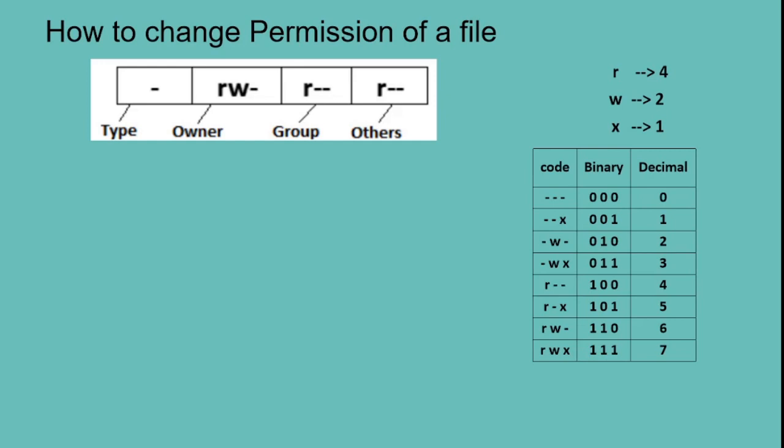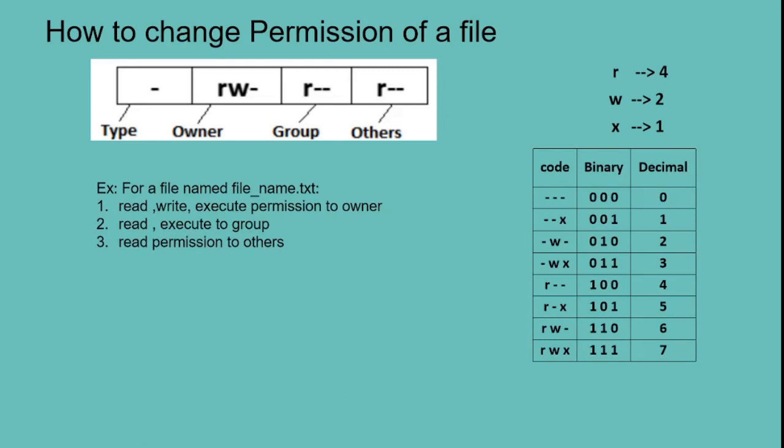The next code is dash w dash, which is for write permission. The related binary is 010, decimal 2. In a similar fashion, the last row says rwx, which means the file has read, write and execute permission, the related binary code is 111, and the decimal code for the related permission is 7.